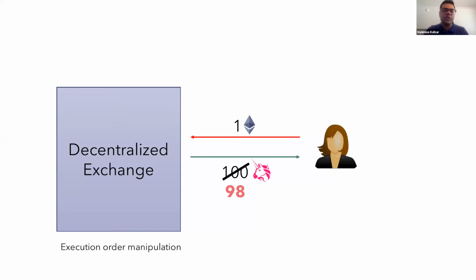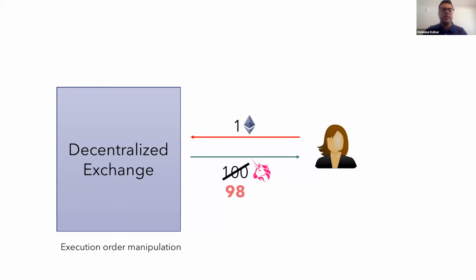But for a different transaction ordering, possibly an unfair one, Alice could get a worse exchange price of, say, just 98 Uniswap tokens. This means that an adversary who can manipulate the transaction ordering can profit from this difference in exchange prices by carefully inserting its own transactions, for example, just before Alice's transaction to buy from the exchange and then sell to Alice for a profit. This kind of attack is front running, taking advantage of arbitrage in the market.